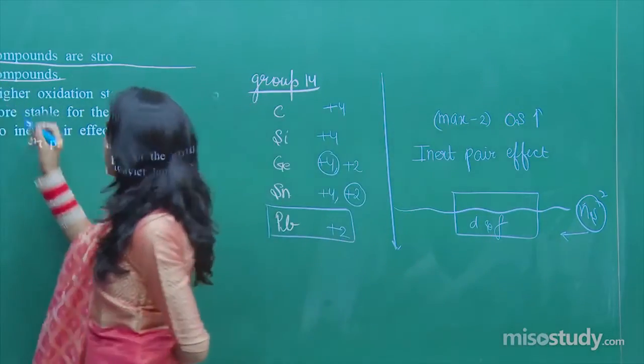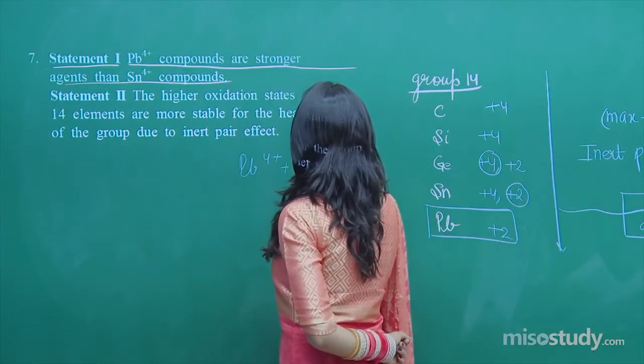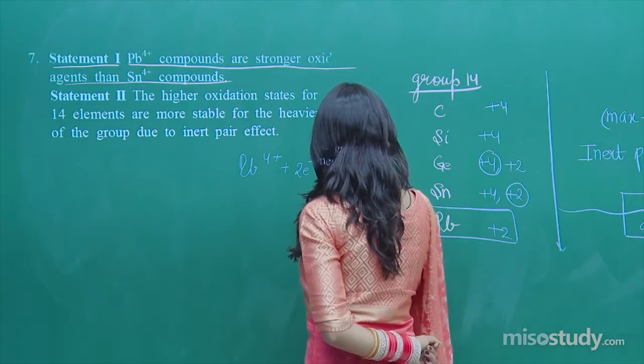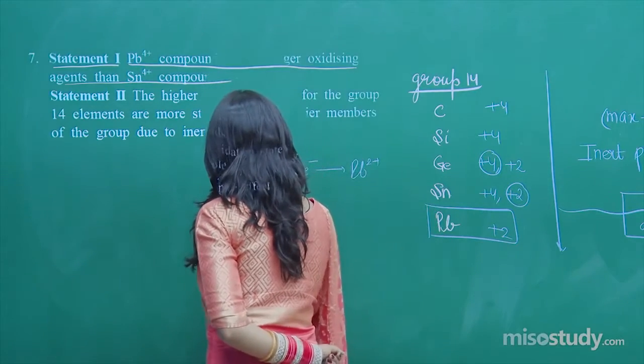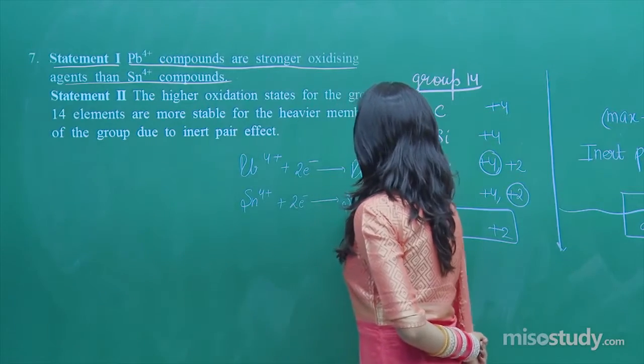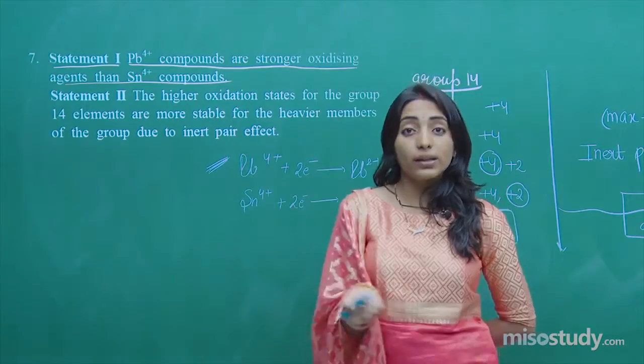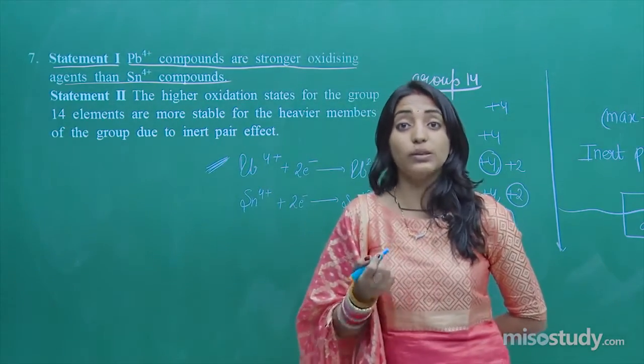So if I am comparing the stability of Pb+4 to accept 2 electrons to form Pb+2, or Sn+4 to accept 2 electrons and form Sn+2, then the first reaction will be a quicker reaction. It will take place quickly.